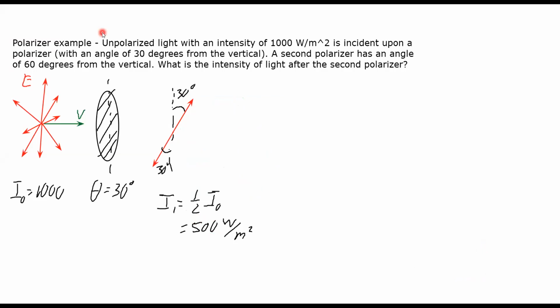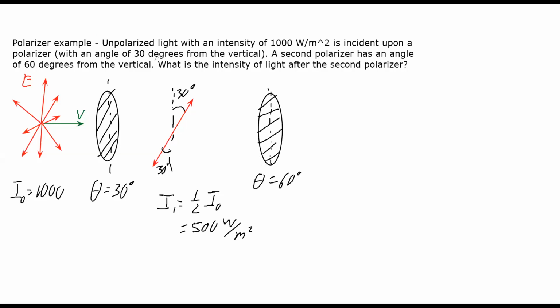Now we have another polarizer, and this second polarizer has an angle of 60 degrees. So the angle is 60 degrees.